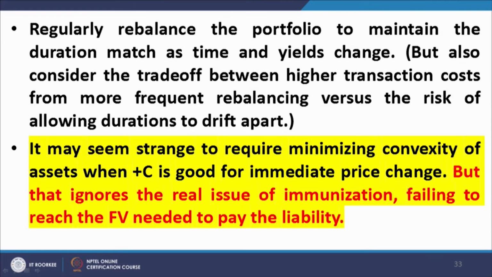What is the real issue of immunization? Failing to reach the future value needed to pay the liability. Higher convexity implies higher variability, higher dispersion. We do not want that, but nonetheless higher convexity gives us this higher positive correction as well. So, it is a two-edged sword, you may say.